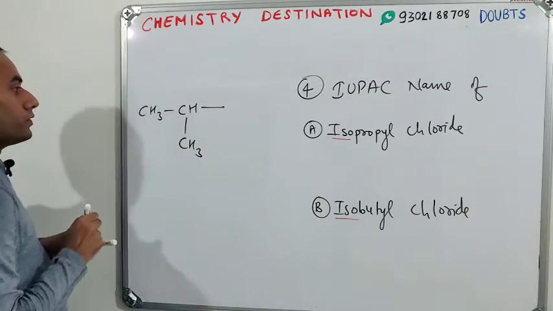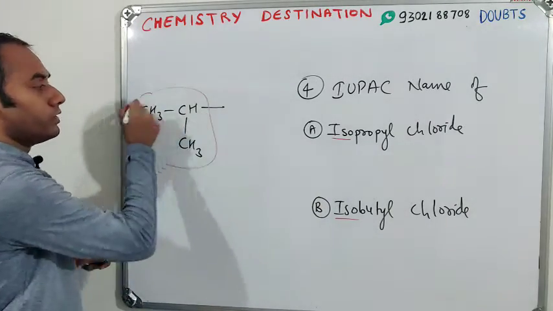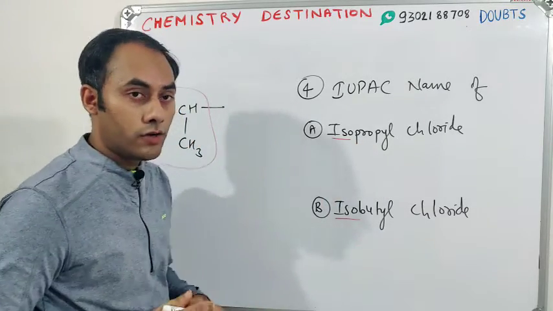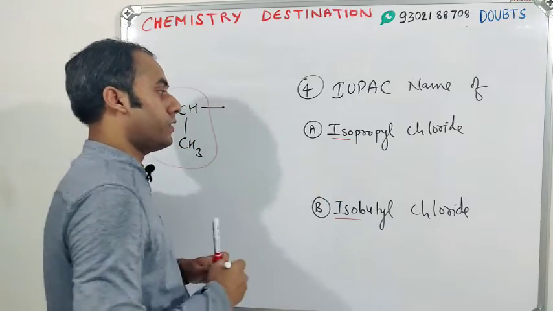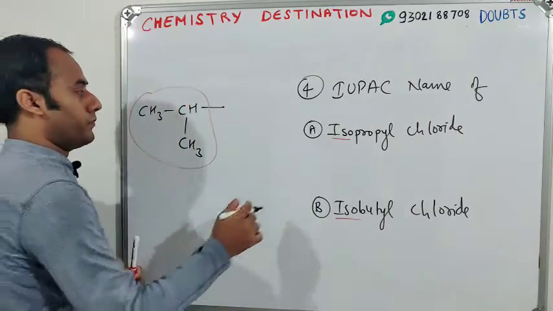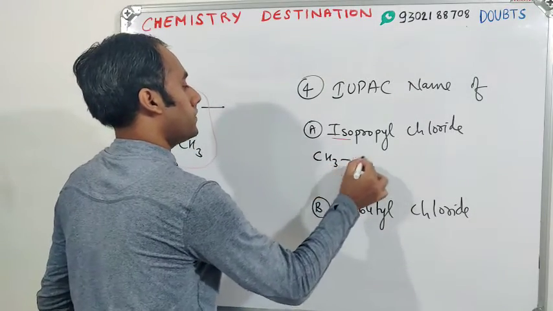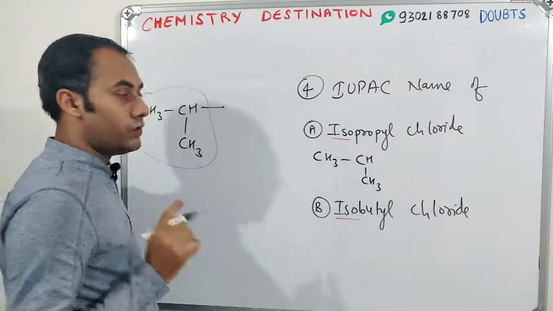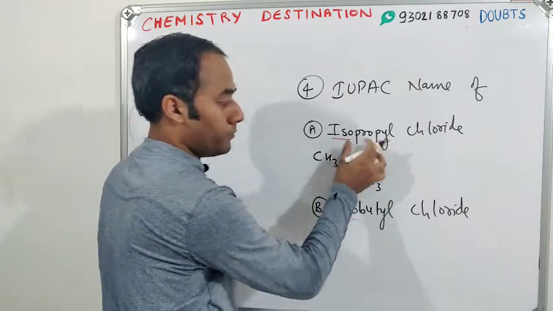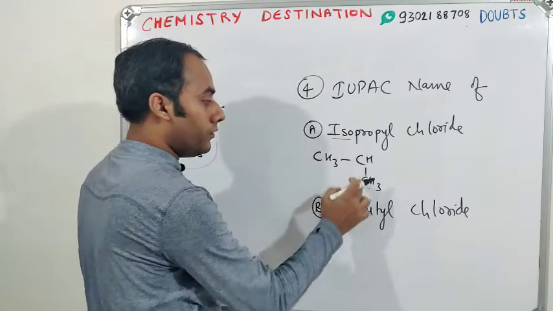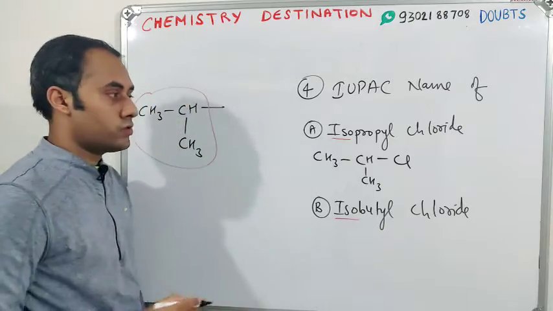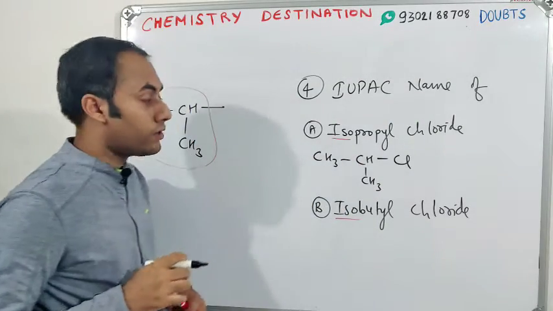Iso means this portion will be common. Since we have prop, meaning 3 carbons, and we already have 3 carbons, just add chlorine. So this is isopropyl chloride.